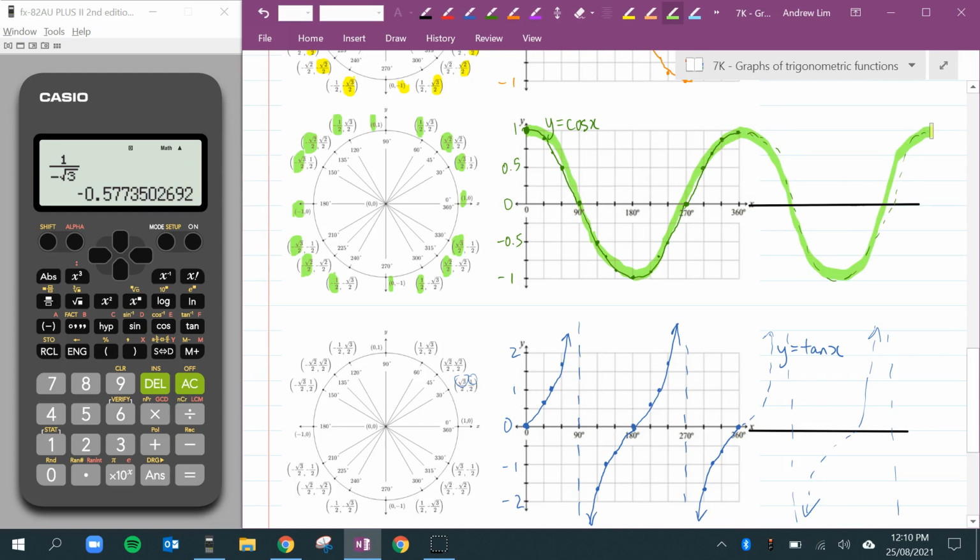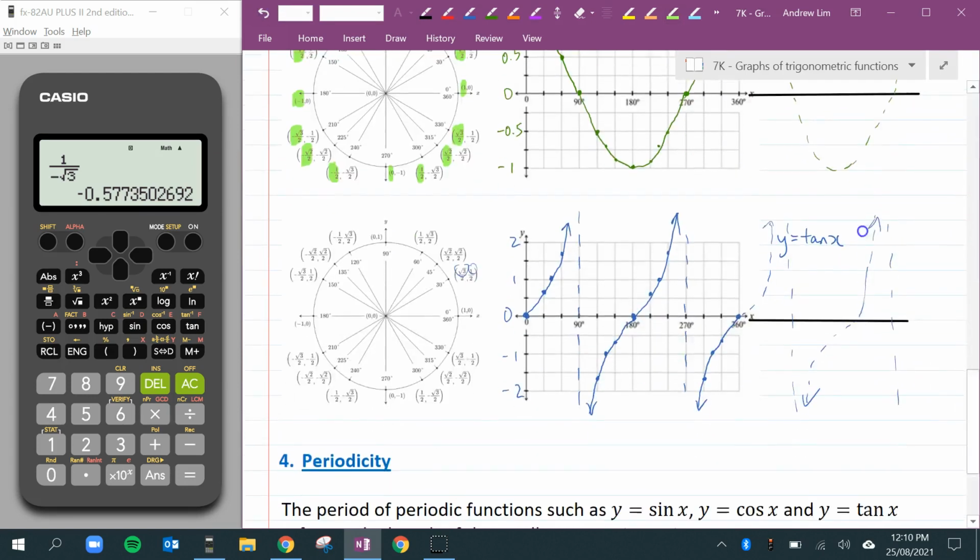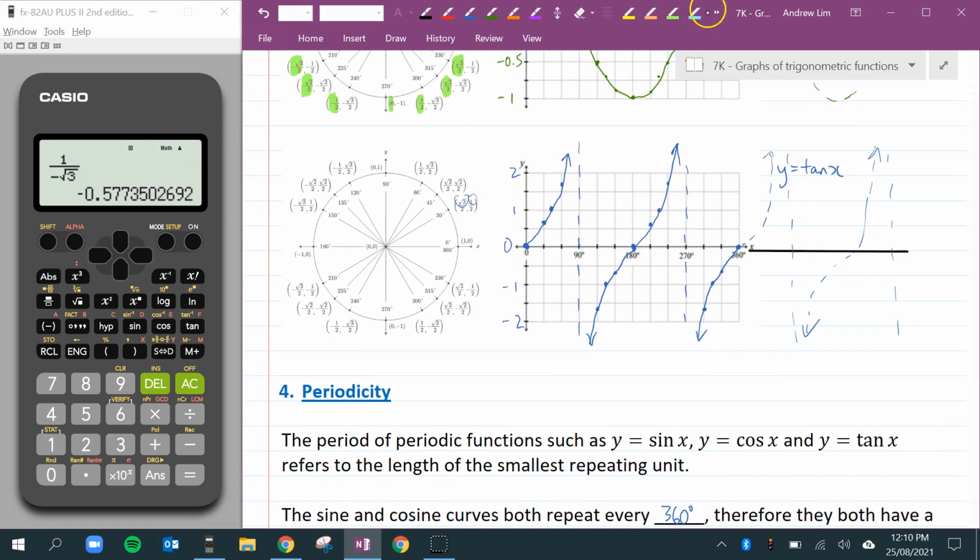So every 360 degrees it repeats itself. However, with the tangent curve, we can see that it repeats itself every 180 degrees. So maybe it's easiest if we start here between 90 and 270, and then after 270 it starts again, and then it starts again every 180 degrees.